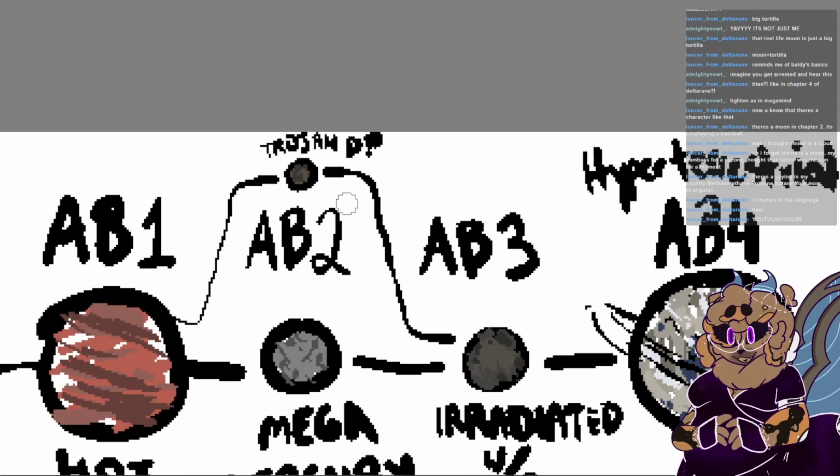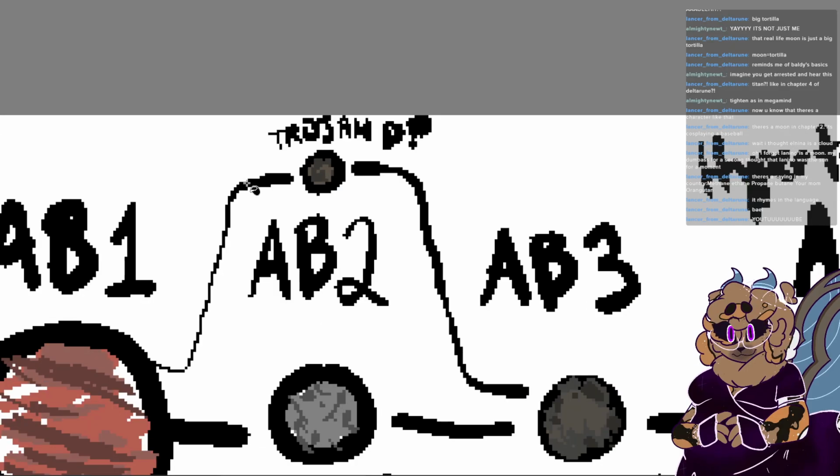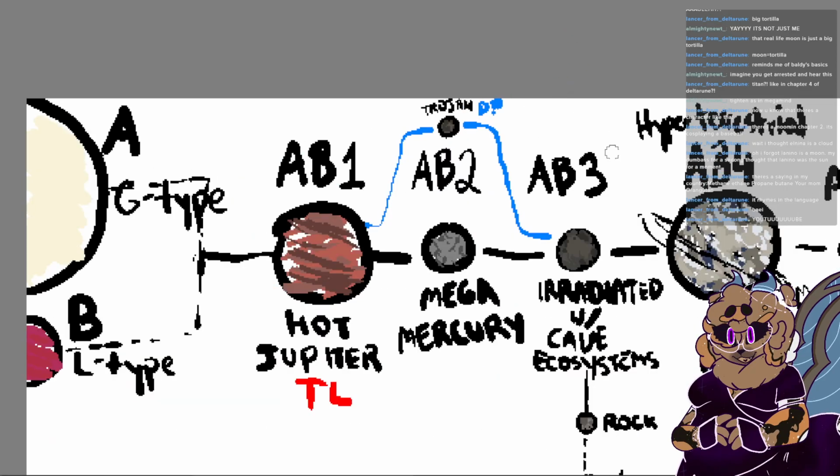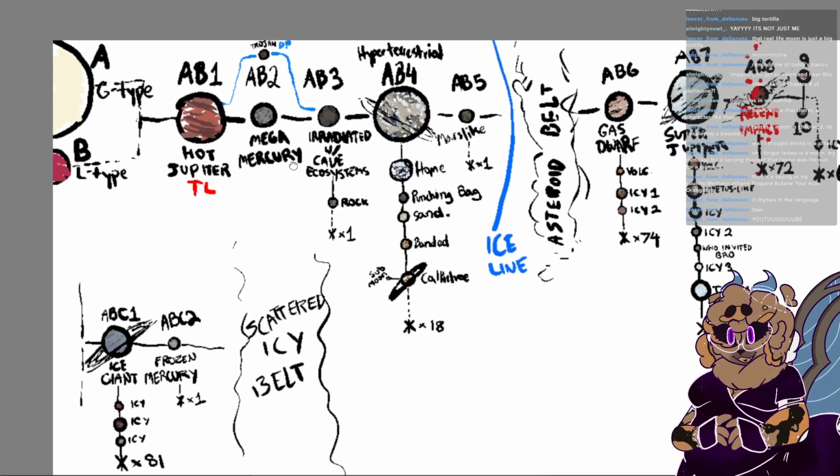So, I think the way I'm going to distinguish the dwarf planets, or I'm actually probably just going to call them minor planets for the sake of astronomical clarity for now, is I'm going to have their orbit lines be drawn in blue. And then I'm going to label them with a DP in that blue so I could tell that they're dwarf planets.